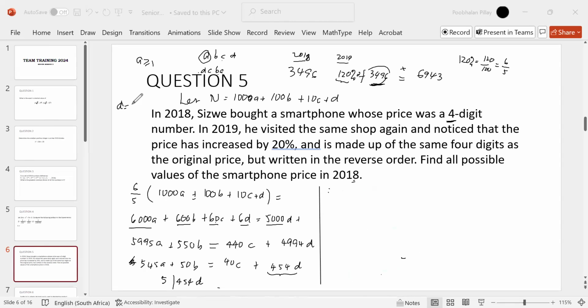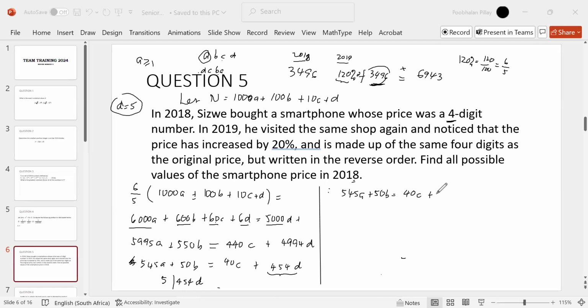Oh, I found one value for A, B, C, D. It's 5. Okay, now as before, we substitute D equal to 5, and you've got 545A. This is your master equation, plus 50B equals 40C, and D equals 5 here.